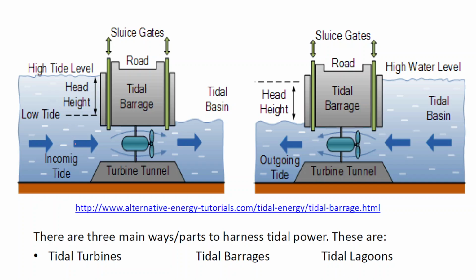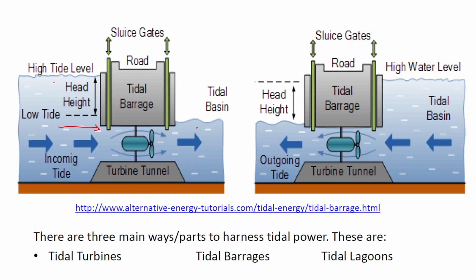So basically, suppose the tide is coming, so here the water height is very high and here the water height is low. This is the tidal basin. When the tide comes during the flood current, water goes through this turbine and it rotates, in turn rotating the shaft of the generator and producing electricity.